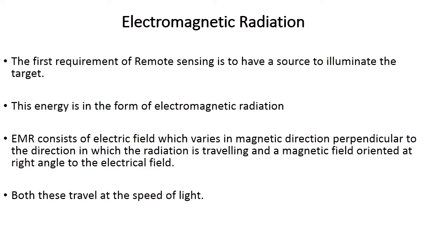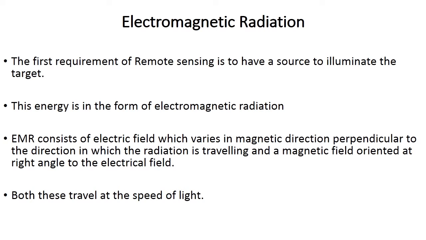Electromagnetic radiation consists of an electric field, denoted by the letter E, which varies in magnitude in the direction perpendicular to the direction in which the radiation is traveling, and a magnetic field, denoted by M, oriented at a right angle to the electric field. Both of these travel at the speed of light.